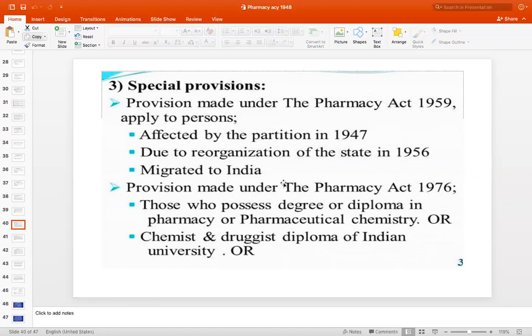So in that condition, due to reorganization of the state in 1956 and migrated to India. When this all was happening, some stayed back in India, some went to their respective countries after partition.